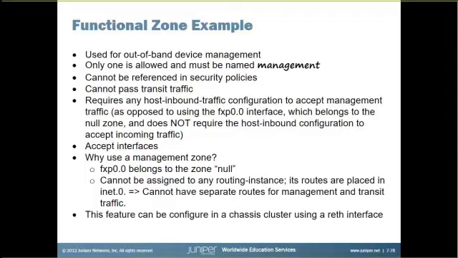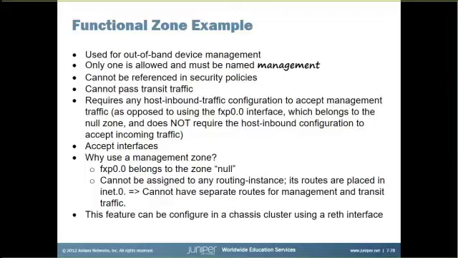So you cannot have, for example, a default route pointing out of fxp0 and a default route pointing out of another interface and avoid conflicts. To explain in a different way, you don't have separation between the routing table that you use for out-of-band management and the routing tables that you use for your transit traffic when you use the fxp0 interface. So that's the main reason why we use the functional zone.